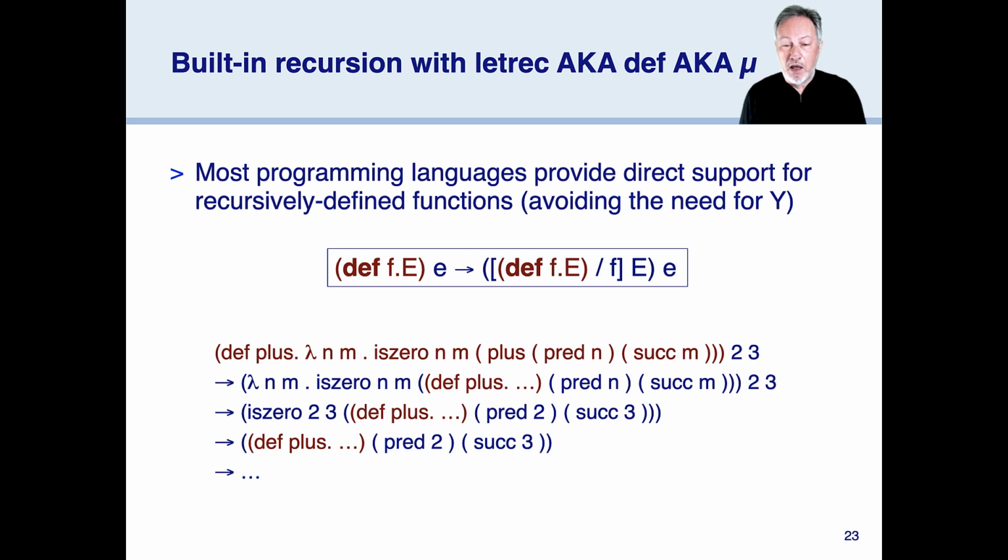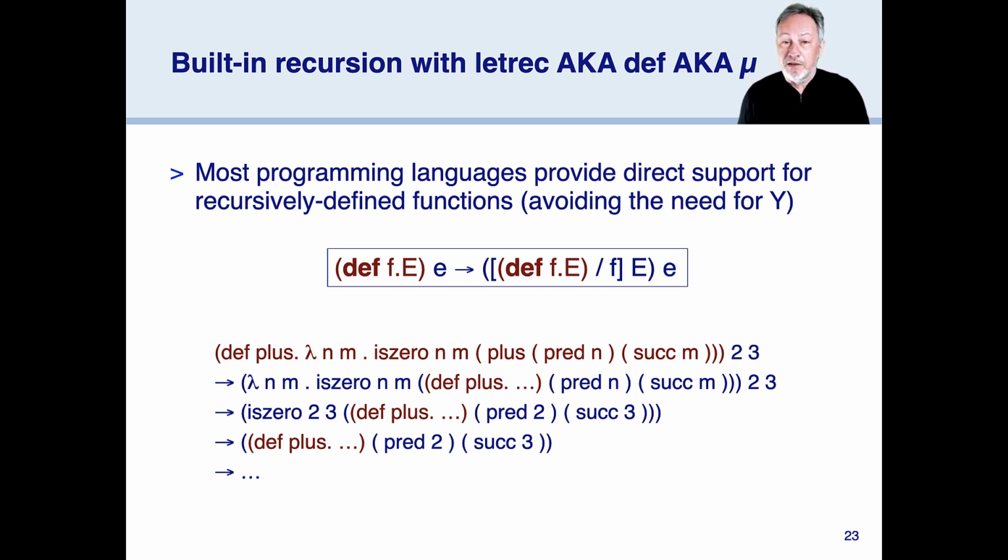So let's have a look. How would you now use this to define the plus function in this extended lambda calculus? The parts in red here are the usages of this new def feature. So now we define plus, we say def plus. There's a difference now between def and lambda.